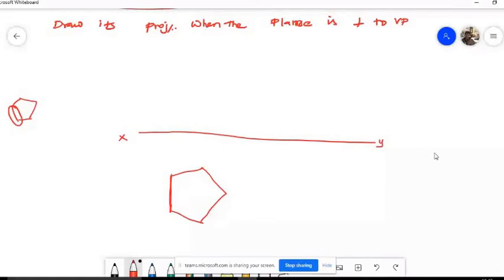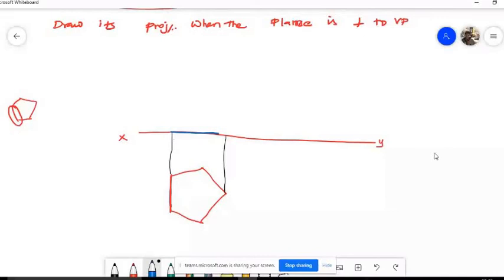and correspondingly you need to draw the front view. This corresponds to an edge.